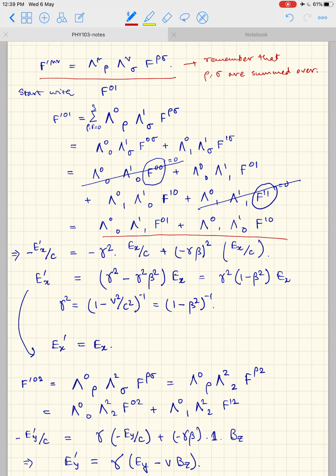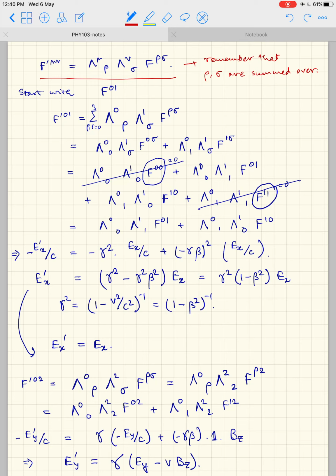And so that meant that Ex primed was equal to Ex. That was the first thing, and you should carefully go through the steps yourself as well. Similarly, we could look at f prime 0, 2, and that led us to the fact that there was a mixing between electric and magnetic fields when we looked at the Ey component.